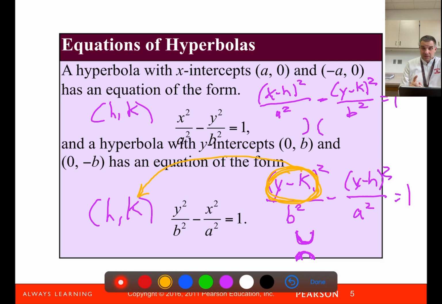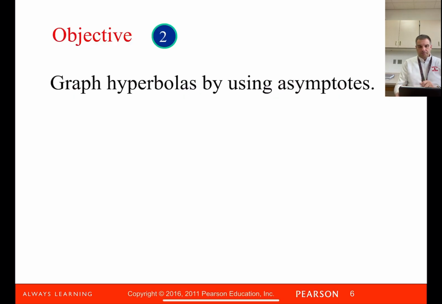It's a common error. And the h obviously then goes in your x value. What I say is, if it's y minus, it goes in the y spot of the center. If it's x minus or x plus, it goes into the x part of the center. You have to be very careful with those when you're doing these problems.